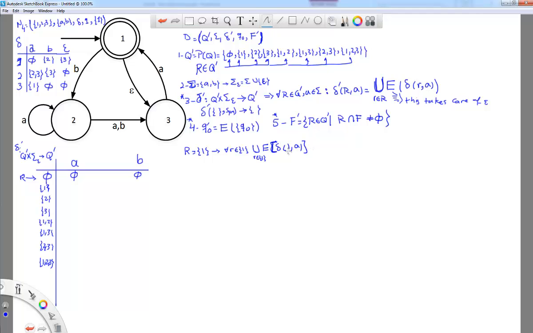So if you look at 1 and A, you notice that state 1 with A doesn't have any transitions, so it goes to phi, and then state phi doesn't have any epsilon transition, so it doesn't go anywhere.